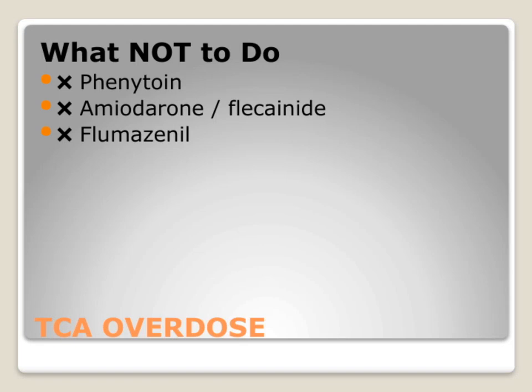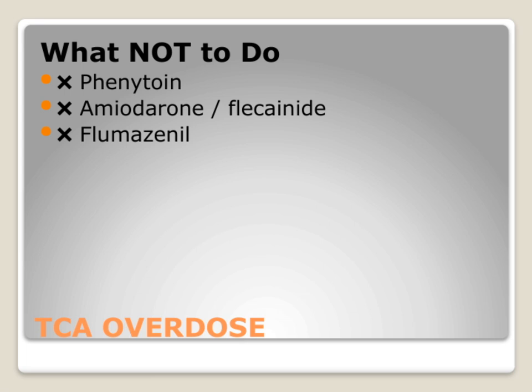All right, now let's talk about what not to do in cases of TCA overdose. First, avoid administering phenytoin. It's not effective and can sometimes make things worse. Next, do not give amiodarone or flecainide, as these can increase toxicity or cause dangerous arrhythmias. Similarly, flumazenil is not recommended because it can precipitate seizures in TCA overdose cases.